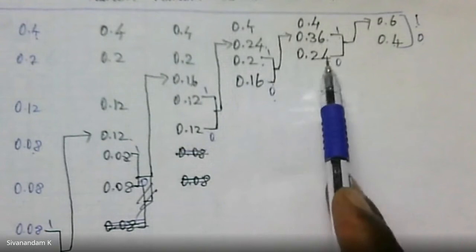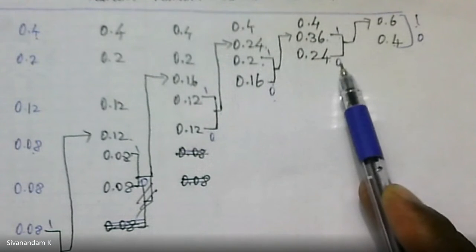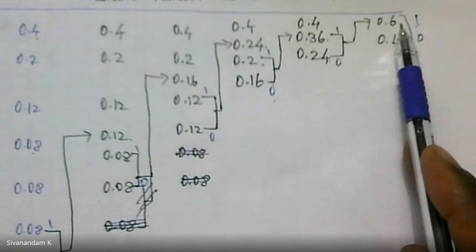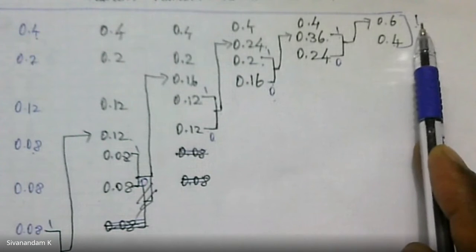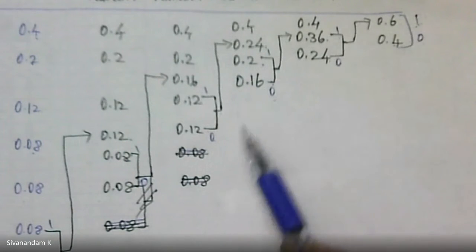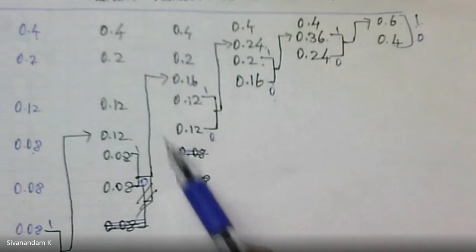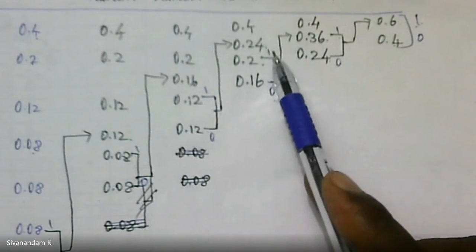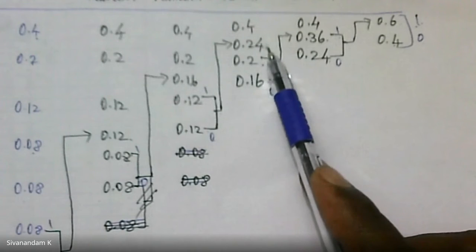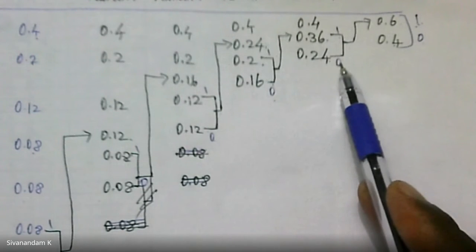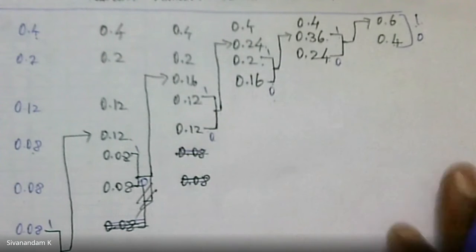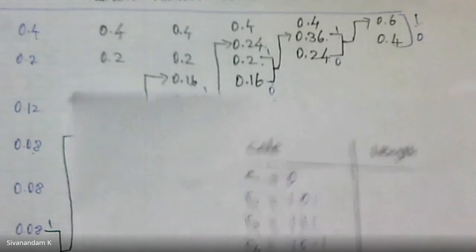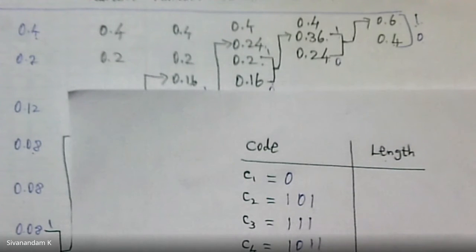Then 0.4 here assigned as 0. The summation goes to 0.6. It is assigned as 1. So the binary value is 0, 0, 0, 1.